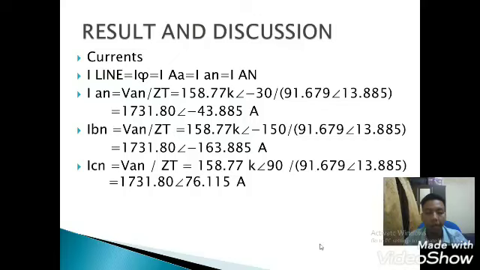For ICN is equal to VAN divided by total impedance, which is 158.77 kilo degree of 19 divided by 91.679 degree of 13.885, and the answer is 1731.80 degree of 76.115 ampere.